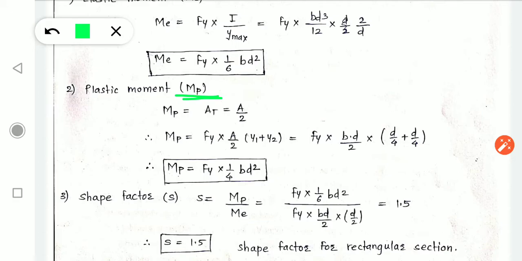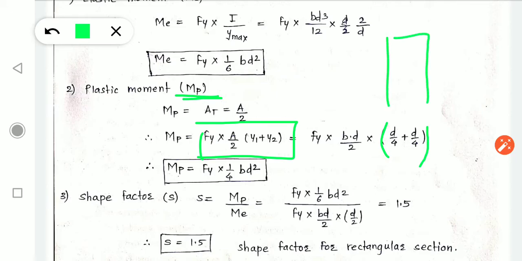And how to calculate plastic moment? The formula is Fy into A by 2 into lever arm Y1 plus Y2. Now what is Y1 plus Y2? We already know it is D by 4 and D by 4. This is your rectangular section.